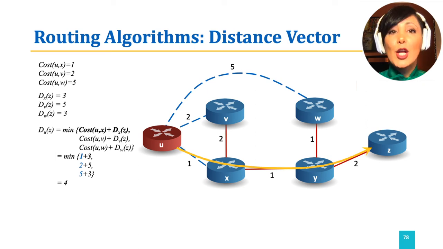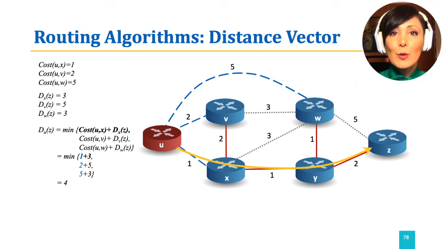Note that no information about other links in the network is exchanged. For example, no updates about direct links from V to W, X to W, or W to Z are ever provided to U. It is also important to note that the updates received did not contain any information other than the cost of the path to the destination from the neighboring node.